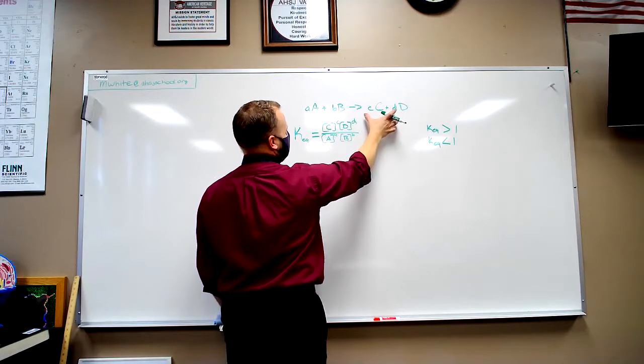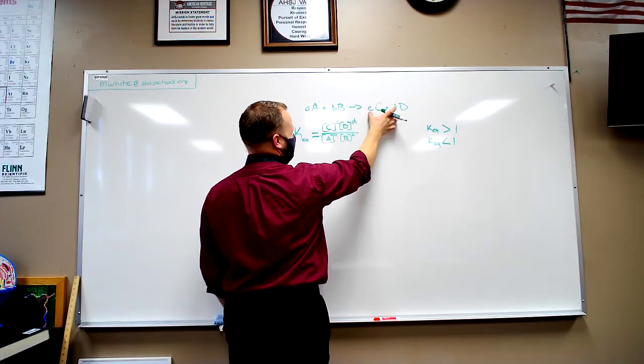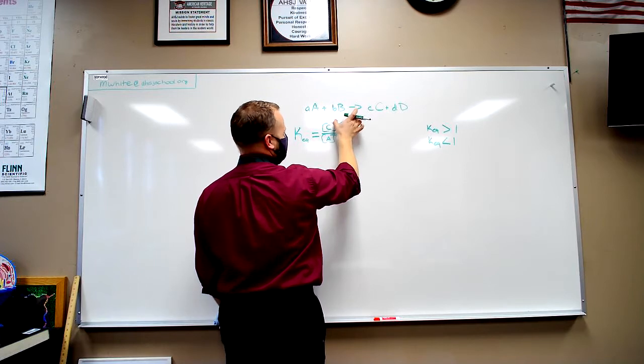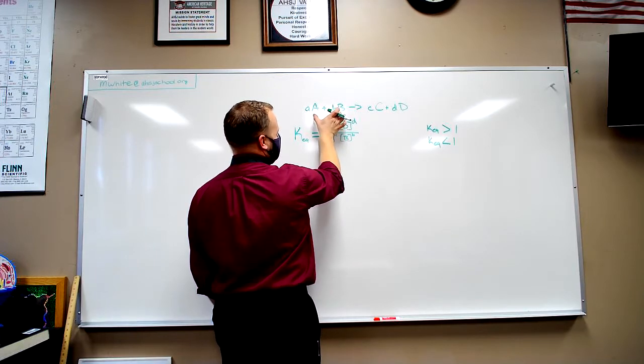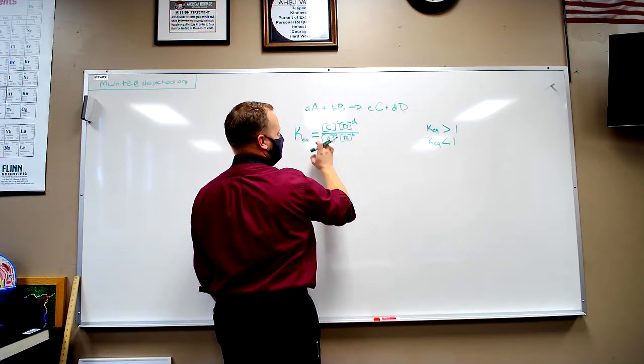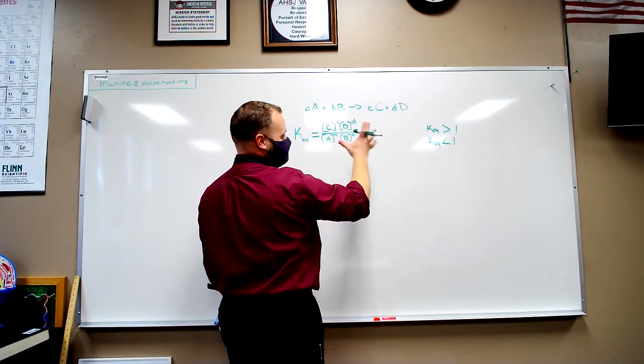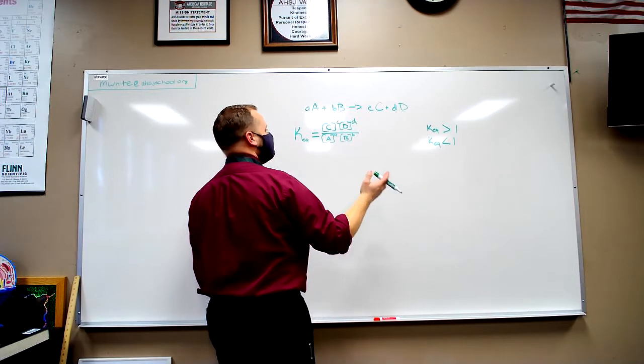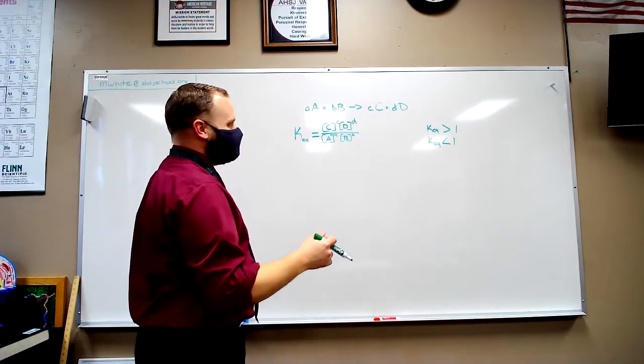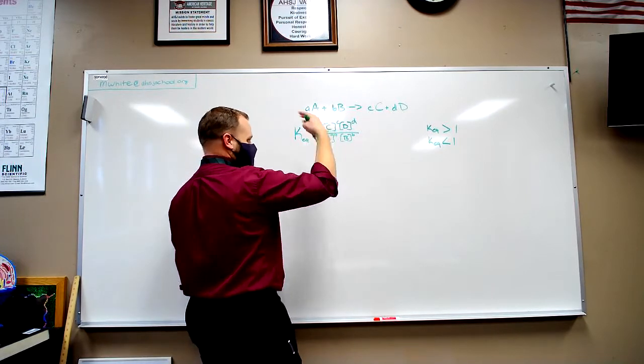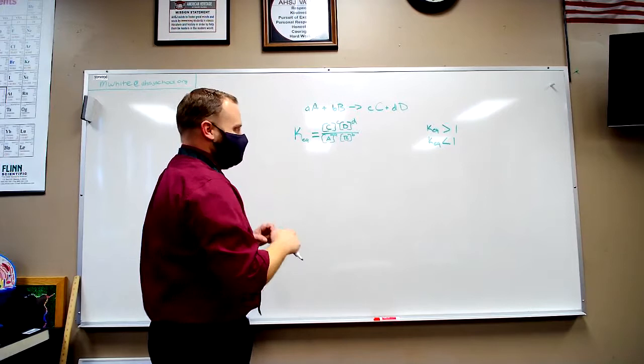We're going to use their coefficients, whatever we balanced it to be, right there. Then we're going to do the same thing for our reactants on the bottom. And then when we do have the actual values for the concentrations, we put them in, we do the math, we get a K value.